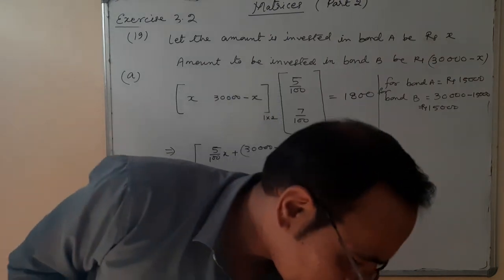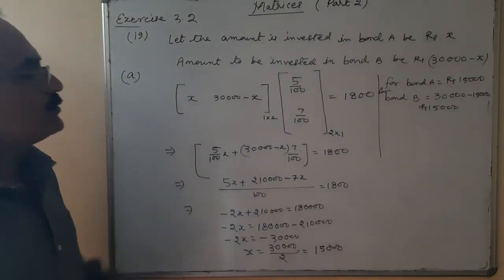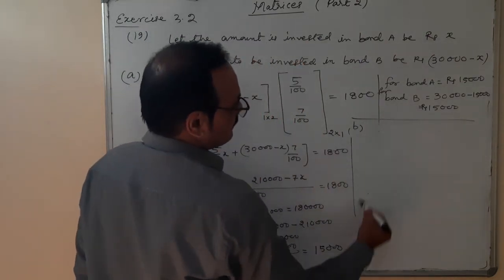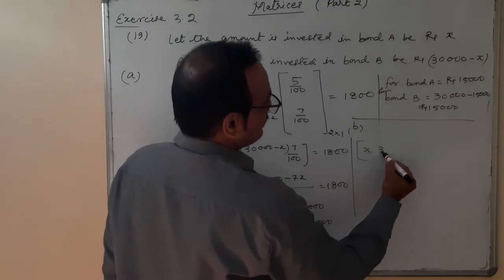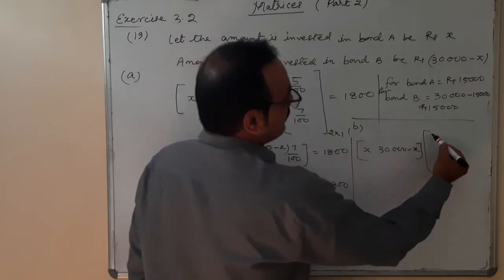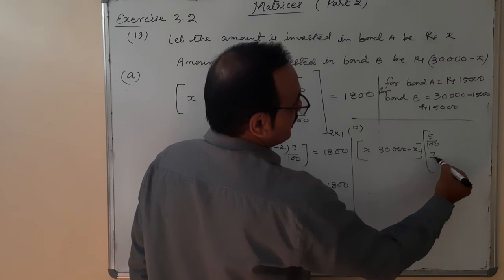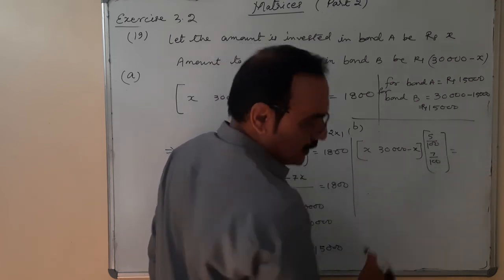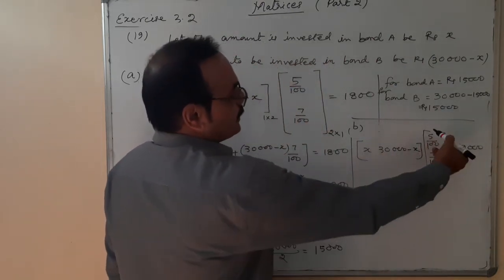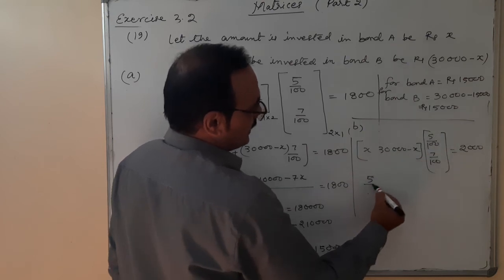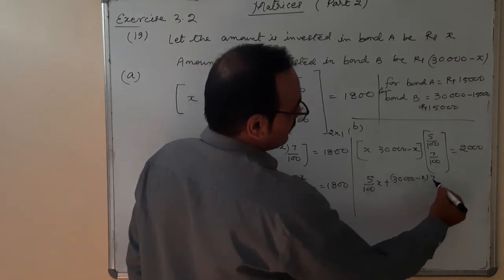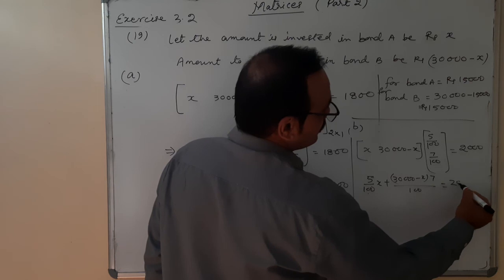Second part is rupees 2,000. So for the second part, part B, doing the same thing: x and 30,000 minus x, interest is the same, 5 upon 100, 7 upon 100, is equal to the amount 2,000. Multiplying, we get a single element: 5 upon 100 x plus (30,000 minus x) into 7 upon 100 is equal to 2,000.